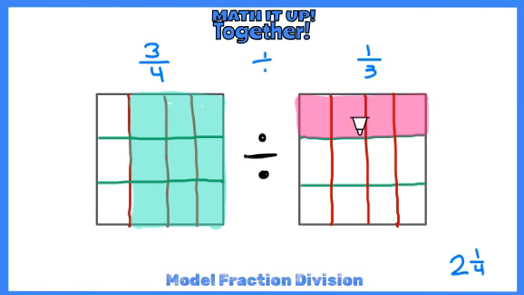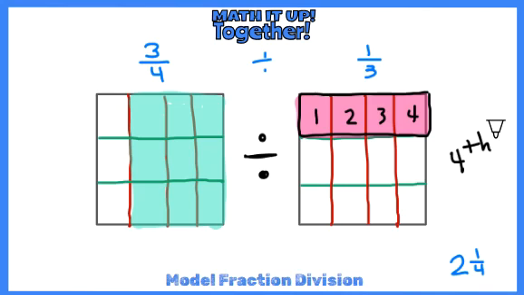So this represents one of these. So 1, 2, 3, 4 of these like-sized rectangles we've created represents 1/3. Okay. Now, I have to think about what these are. These are 4 pieces, so they are fourths.